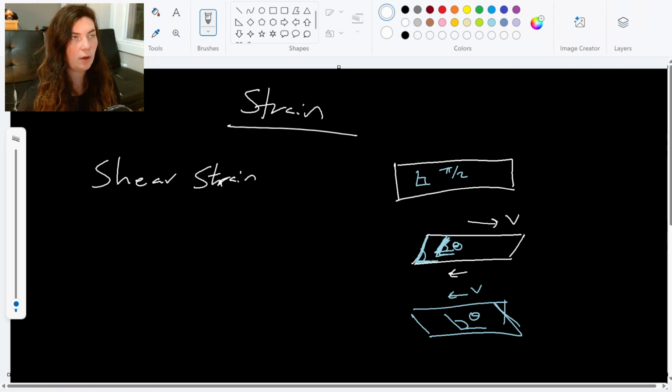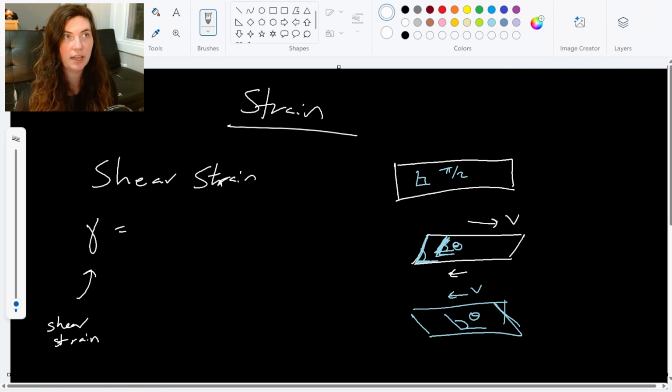The way we write out our shear strain is with the Greek letter gamma. So this is shear strain, Greek letter gamma. It represents the angle that the change is occurring, right? Like our normal strain was a length per length, this is going to be an angle.